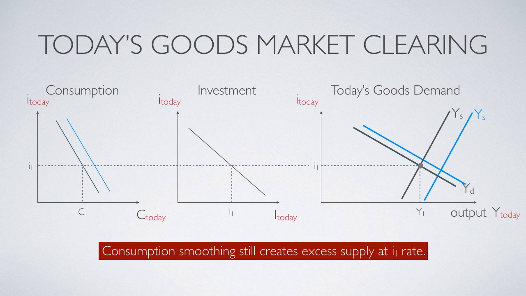Which means that when today's output increases, today's demand from consumption spending will not increase as much. That's why, if there's no change of consumption further, there will be some income from output that's never spent. So we still have excess supply there.